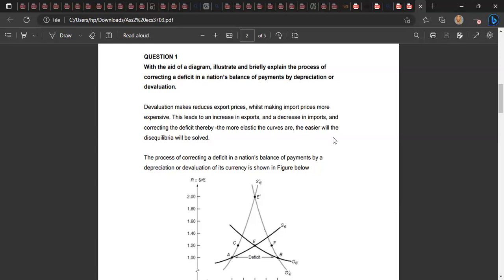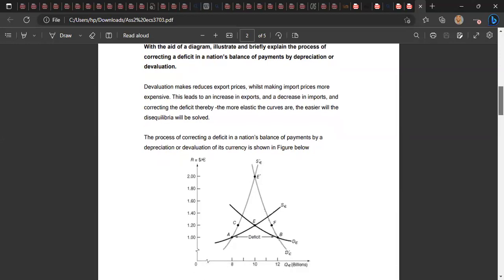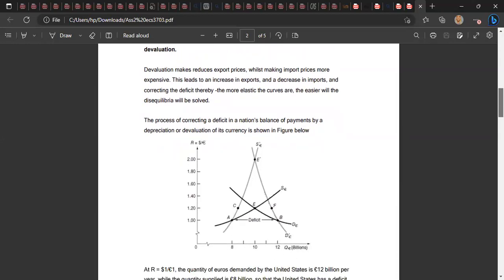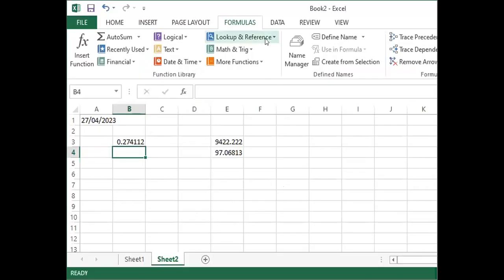So there are many diagrams that we can use, but I think our markers specifically prefer that we use this diagram, right? So what happens is when a currency is depreciated, let me make an illustration on this, so that we don't ever miss this.